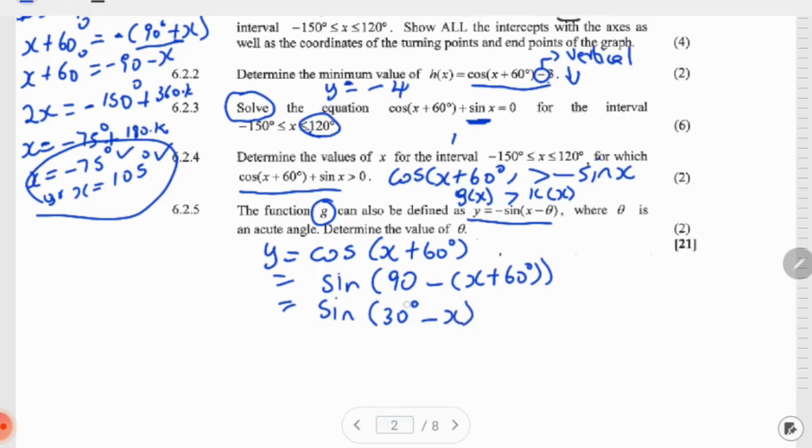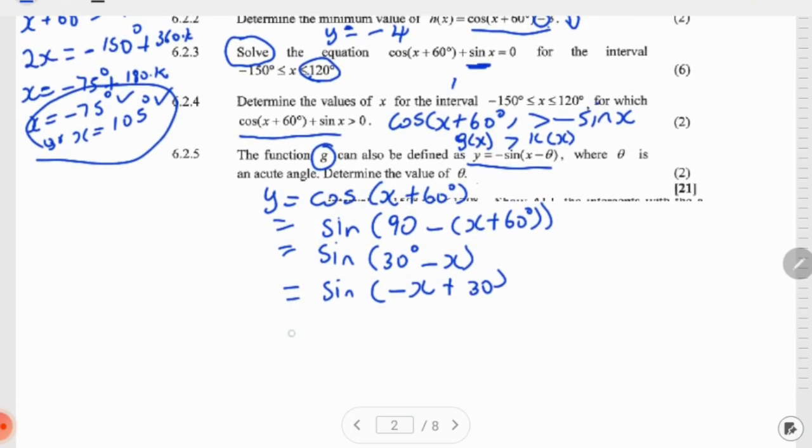All right, but we want an angle minus something. So here we have the same thing as minus x plus 30. So I'm just going to make it a negative angle, minus x minus 30.